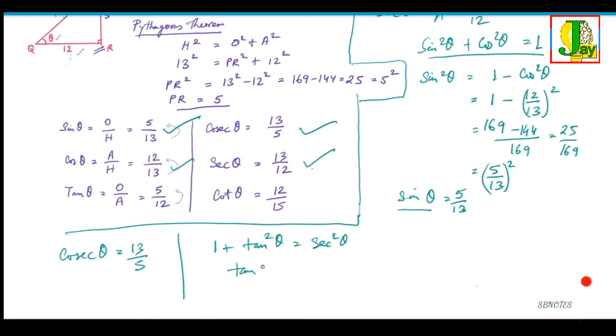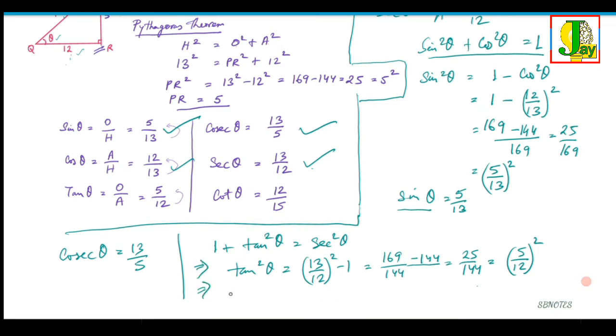Tan square theta equals sec square theta minus 1, we get 13 by 12 whole square minus 1, that's 5 by 12 whole square, and hence tan theta equals 5 by 12, and that also you have got 5 by 12.